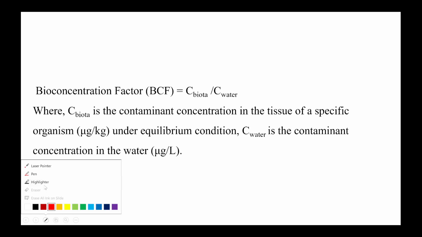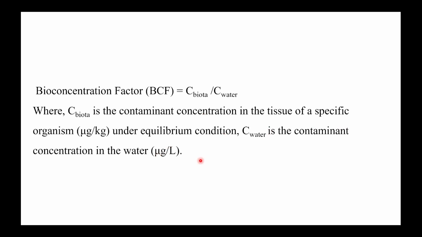So in any biota, or any living organism, the concentration of a particular compound and the concentration of the same compound in water. Okay, so that is how we define bioconcentration factor.